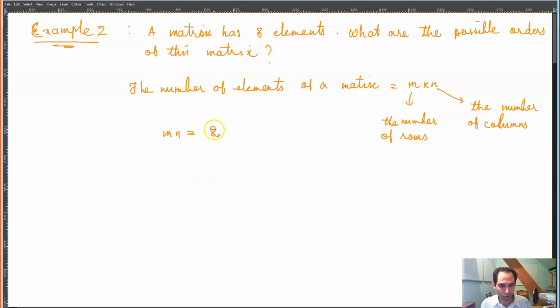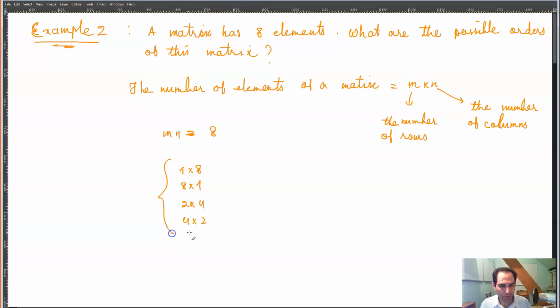you need to find out all the possible ways to write the number 8 as a product of 2 numbers, meaning that you can write 8 as, for example, 1 times 8, or 8 times 1, or 2 times 4, or 4 times 2.